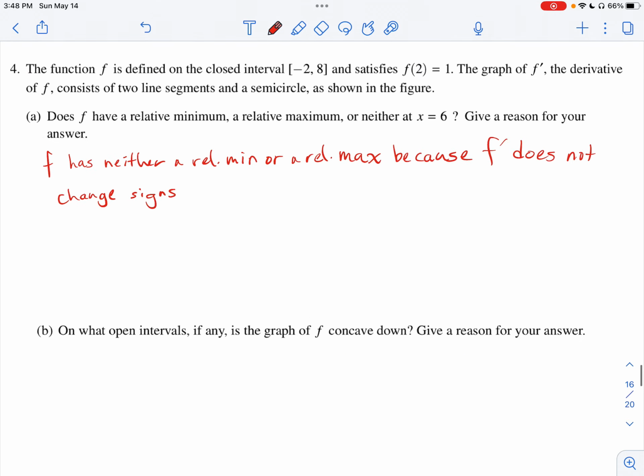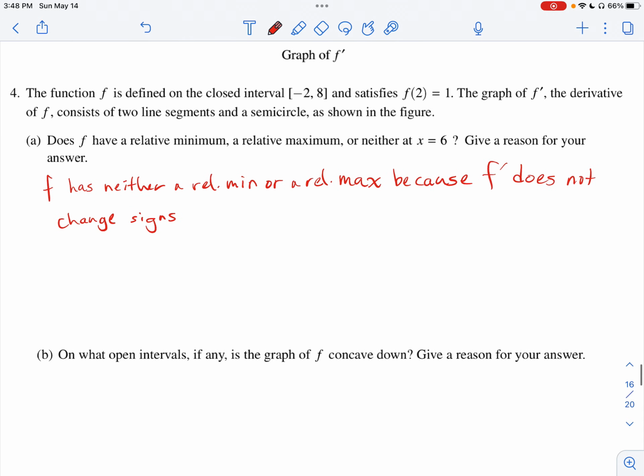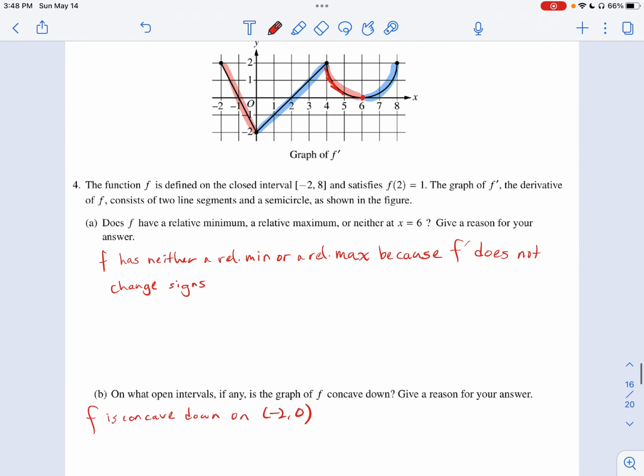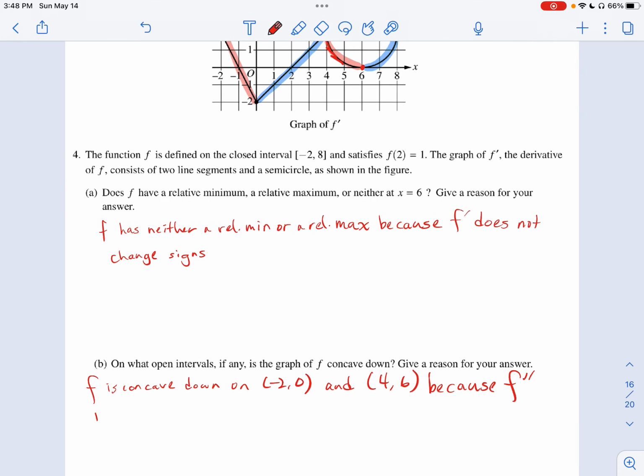So we can then answer: on what open intervals, if any, is f concave down? You don't have to use that language. Actually, you do. That's what they have written in the problem. It's concave down on the open intervals from -2 to 0 and 4 to 6, because f double prime, our second derivative, is negative.